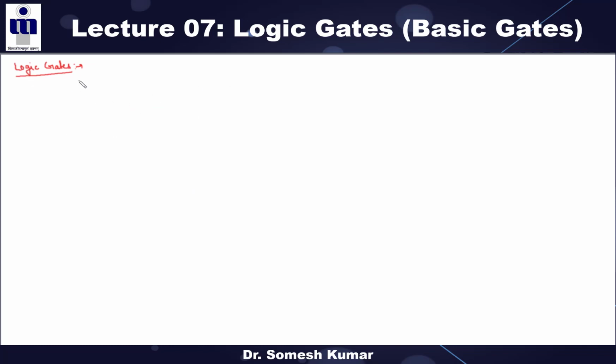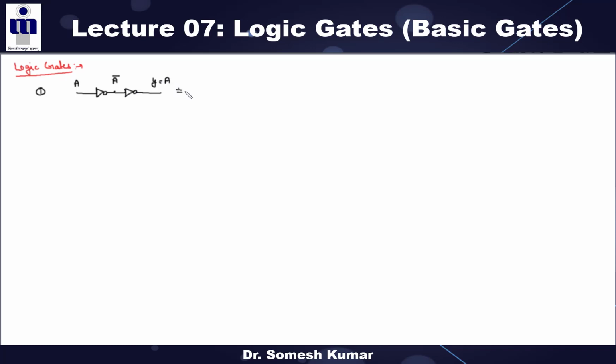So first of all, if we connect two NOT gates in series, for example, this is the symbol of your NOT gate, and if these two are connected in series, and A is the input, what is the output? At this node it becomes A bar, and this further NOT gate is connected, and it becomes Y equal to A, right?